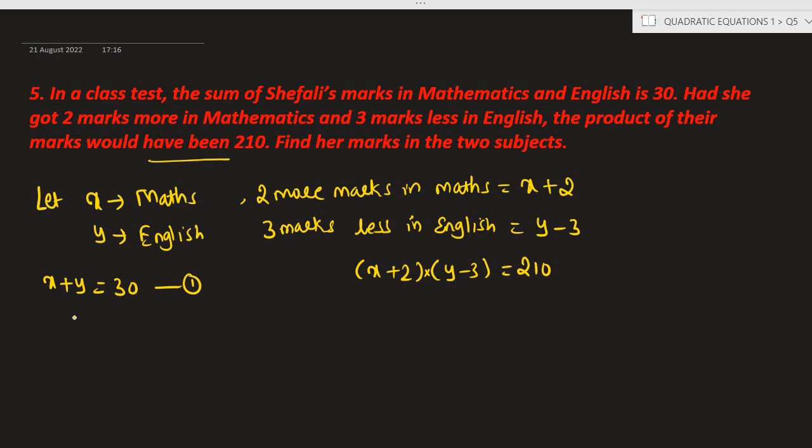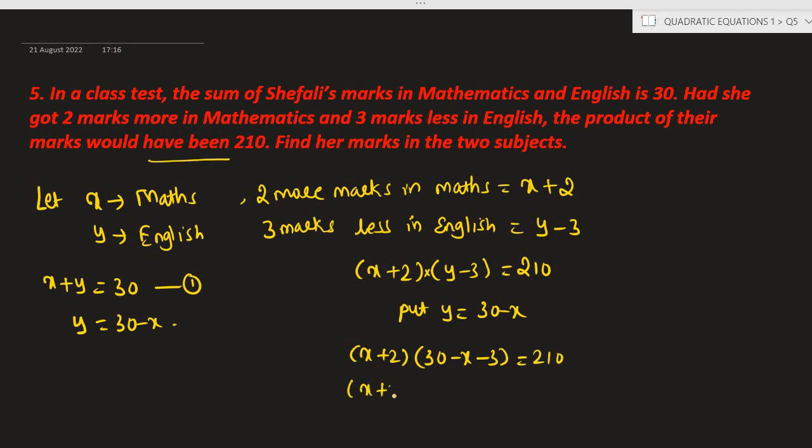Next, from equation 1, can I write Y is equal to 30 minus X? Put Y is equal to 30 minus X in the above equation. X plus 2, and Y is 30 minus X, minus 3, is equal to 210. It becomes X plus 2 and 30 minus 3 is 27 minus X, equal to 210.